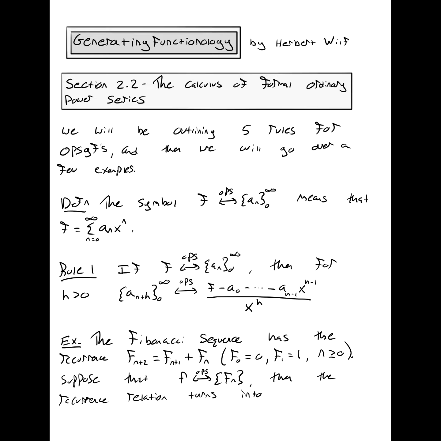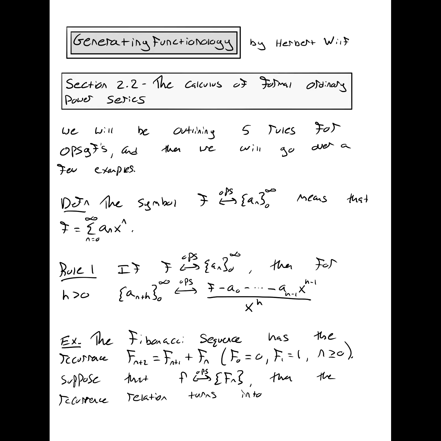Let's look at this. So this first term here, well, if f is our ordinary power series for f sub n, then we know this f sub n is just going to turn into f. Okay, well, we know that. That's pretty straightforward. But now we even know how to tackle these shifted terms as well. So f sub n plus 2, well, we have to go up to our rule here.